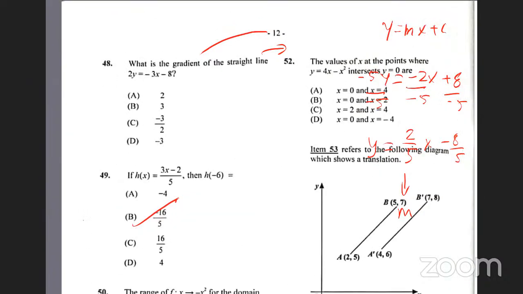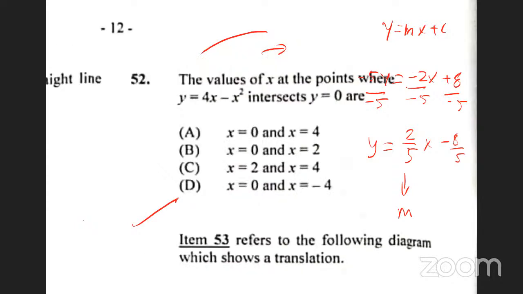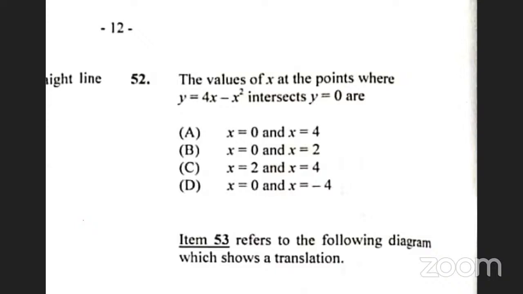Actually, tell me what you would do here. What you would do here. The values of x at the points where that intersects that. What you'll do. You would solve them simultaneously. Do you all recognize that? What do you think the answers are?